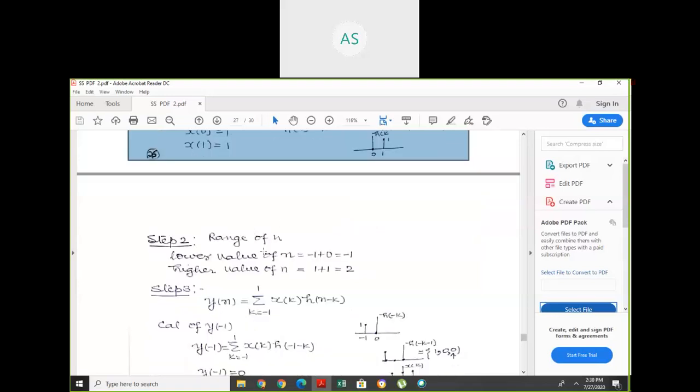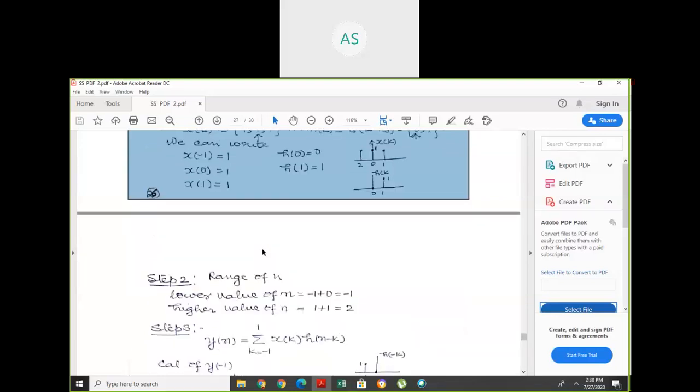Second step, find the range of n. What will be the range of n? Here the value of n is, this is not correct, this is minus 1, 0, 1 and this is minus 1. So this minus 1 is added with 0. This is the lower limit of n, and the higher limit of this is added with the higher limit of this, 1 plus 1 is 2.